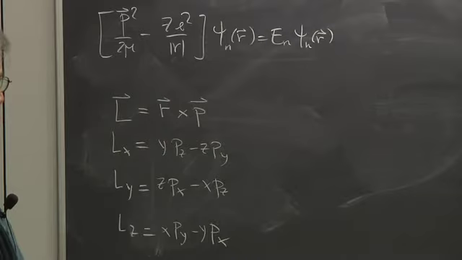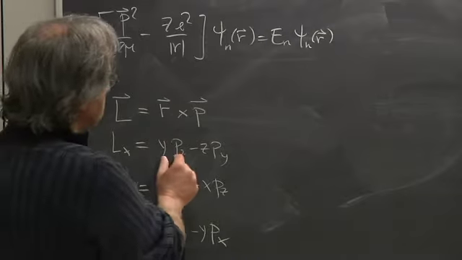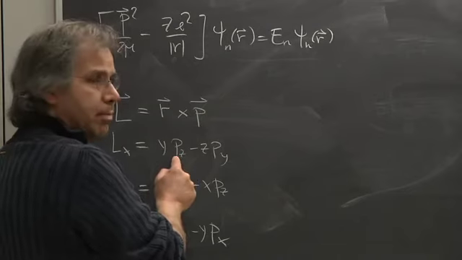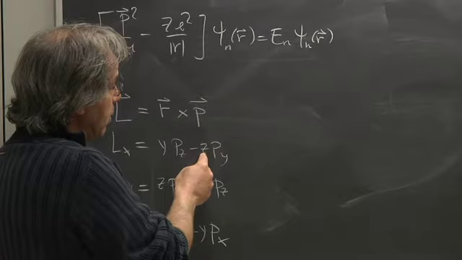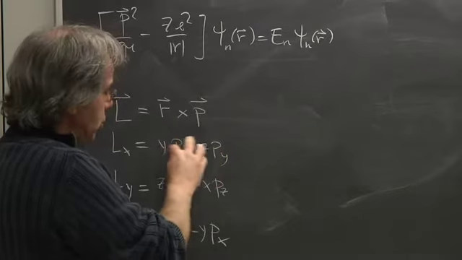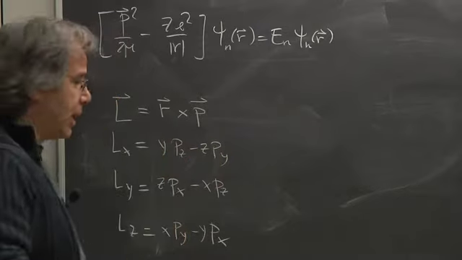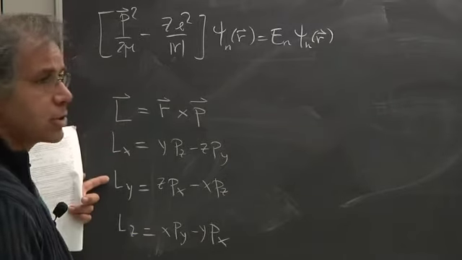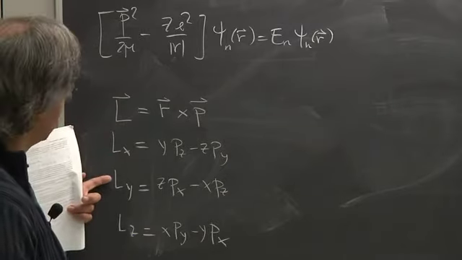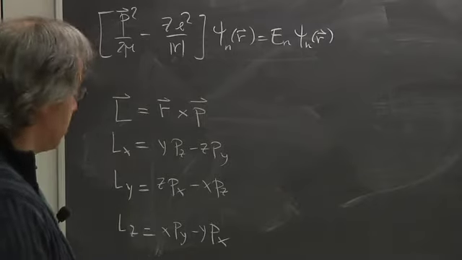Now, at this level, it doesn't really matter if you put the y before, right? Because y and pz or z and py commute. So this is not the crucial thing. But whenever you ask yourself if these two objects commute with each other, you will understand that they do not generally commute.